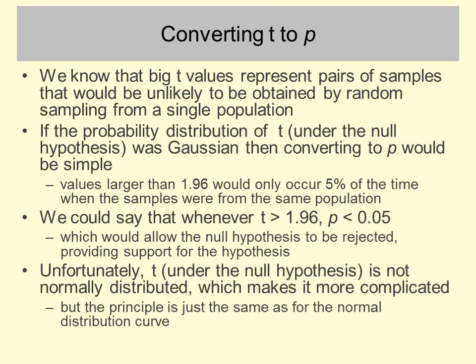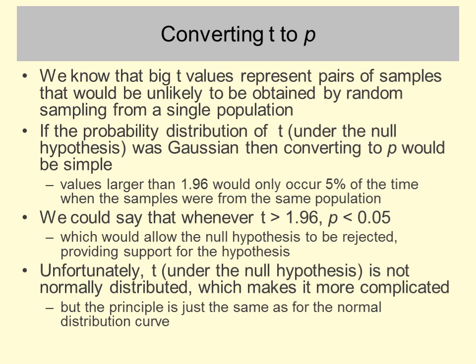And so we could say that whenever t is greater than 1.96, p is less than 0.05. And based on the rules we looked at last week for setting the trade-off between type 1 and type 2 error, a p-value of less than 0.05 could be taken as support for the hypothesis.